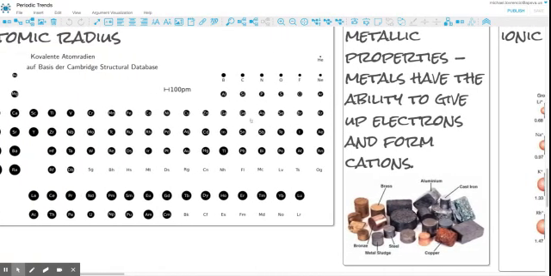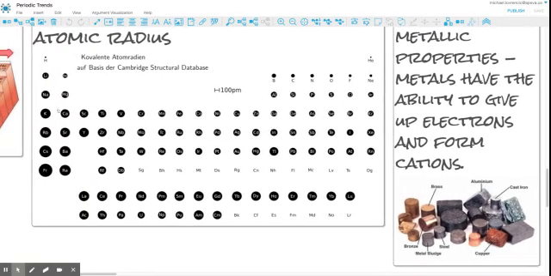We see those metals being to the left, where it is much easier for the atoms to lose those valence electrons because the effective nuclear charge experienced by those very outer electrons, the attraction they feel for the nucleus, is less on the left side of the periodic table.